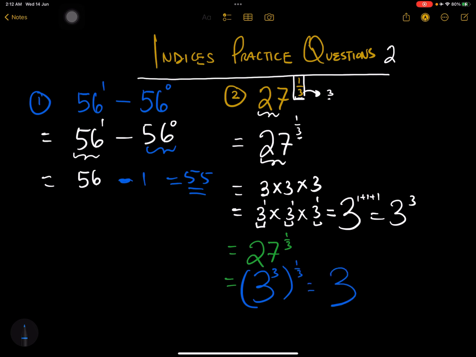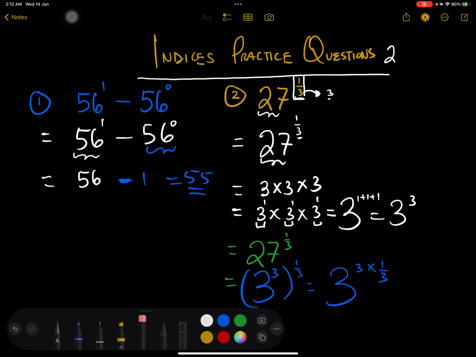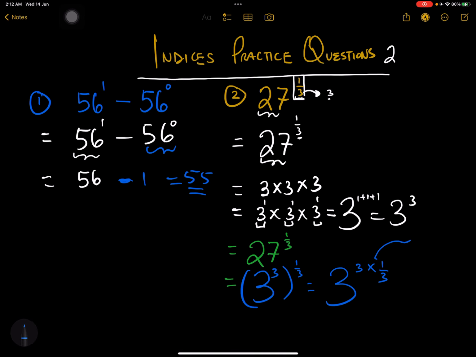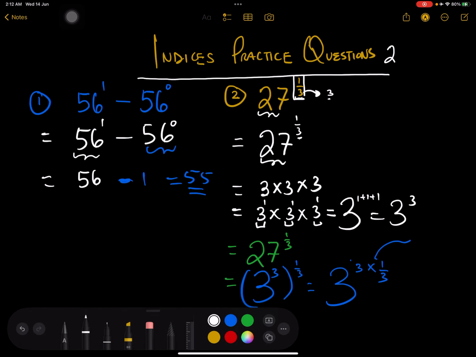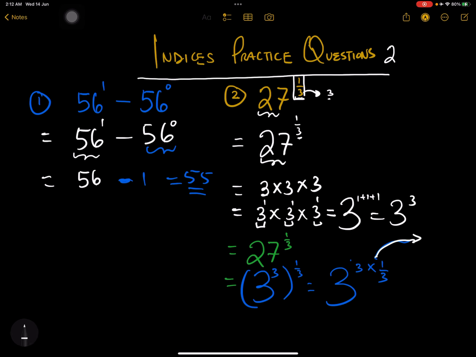This is the same as 3 to the power of 3 multiplied by 1 over 3. In the power, we can do the power part separately. Here we have 3 times 1 over 3, and we know that the 3s will cancel out, since they have a common factor. So basically, we're going to get 3 to the power of 1, which is 3.